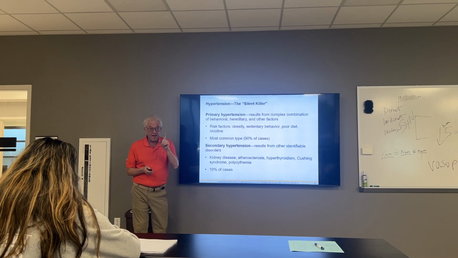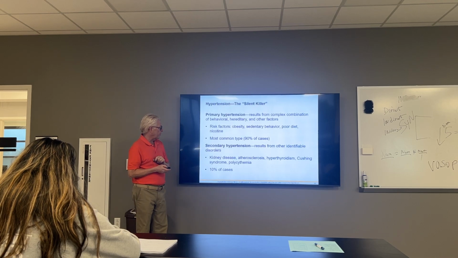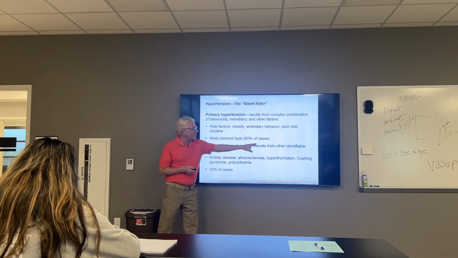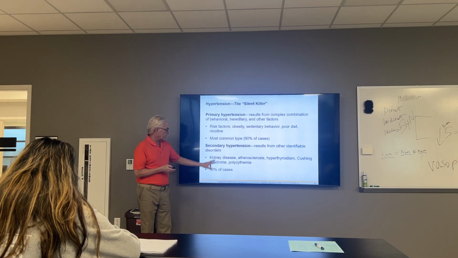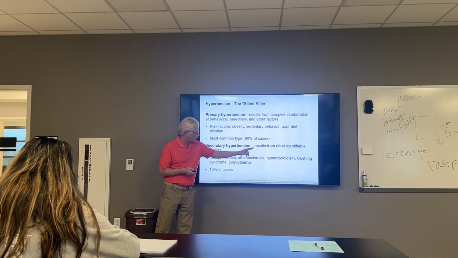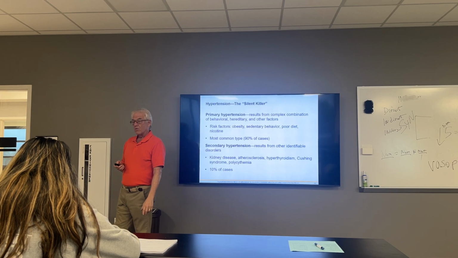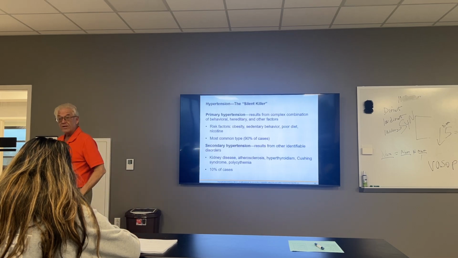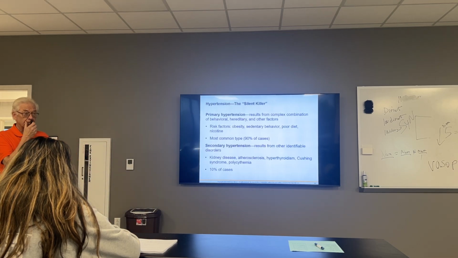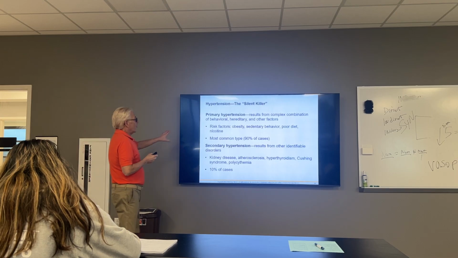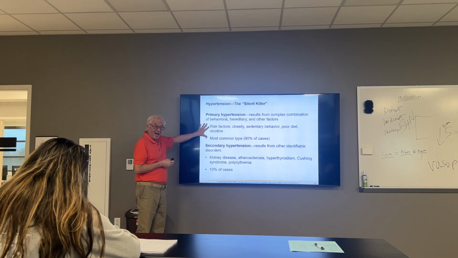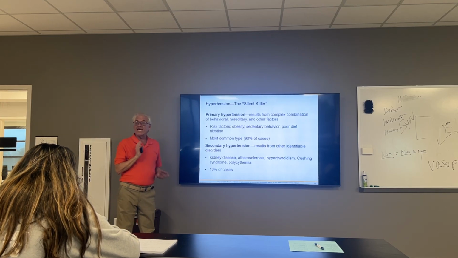We can't identify one reason for it. The secondary has an identifiable reason, like kidney disease or atherosclerosis or Cushing's disease. Got it? We can pinpoint the reason why that person has high blood pressure. Okay? The rest of us, we got high blood pressure, and it's what they call idiopathic.